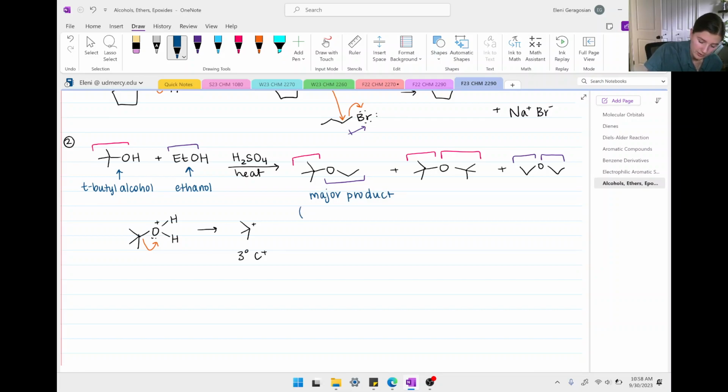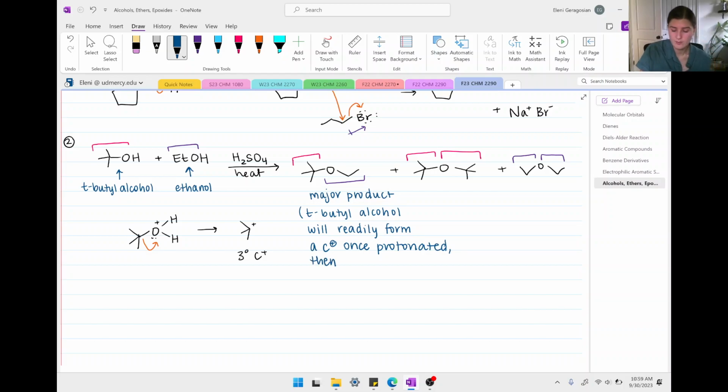So that's the major product, and that's because tert-butyl alcohol or tert-butanol will readily form a carbocation. So it gets protonated, it forms a carbocation, then it will react with the ethanol.